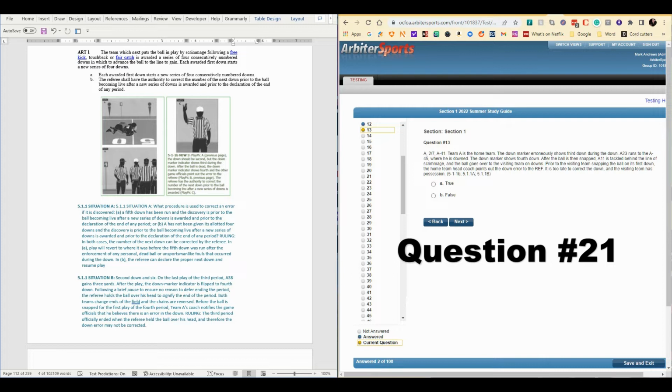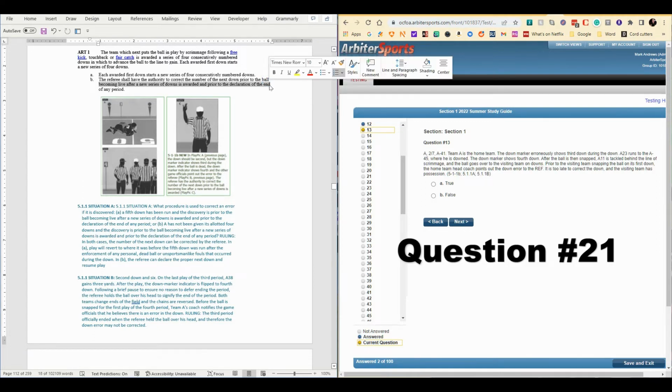And this is covered under Rule 5-1-1b, which says, the referee shall have the authority to correct the number of the next down prior to the ball becoming live after a new series of downs is awarded and prior to the declaration of the end of any period.